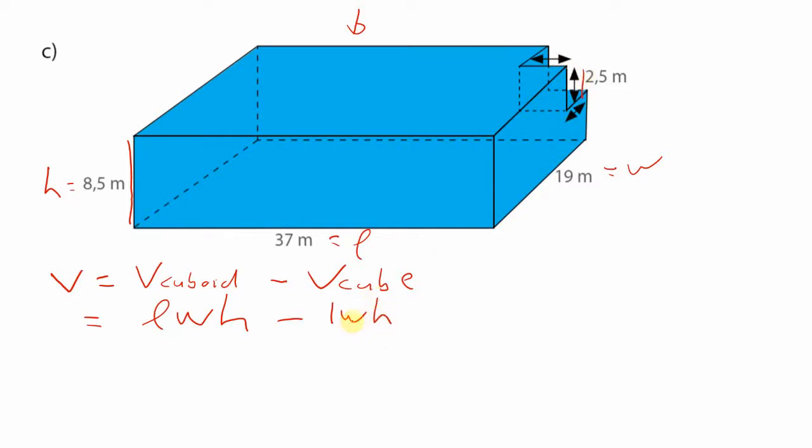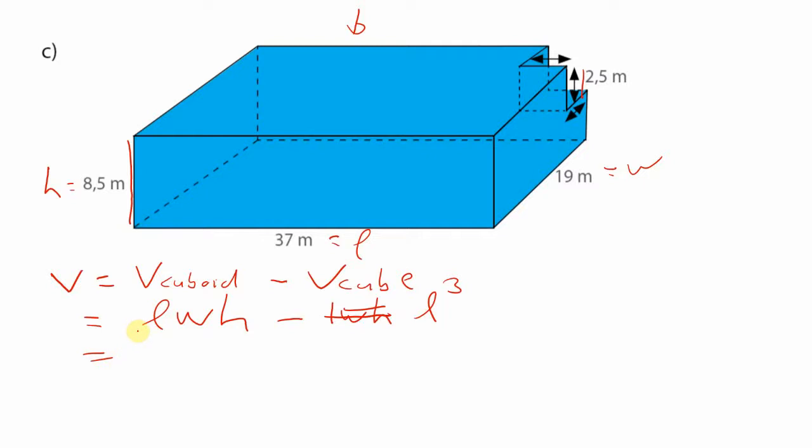So again, it's length times width times height, but since it's a cube, actually all of these sides have the same length, so in fact it is L times L times L, so it's L to the third.